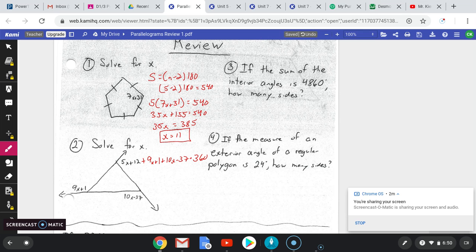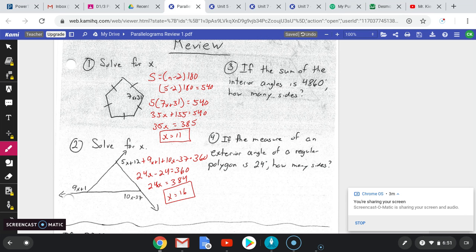Combining like terms, the x's give me 24x, and the non-x's, 12 plus 1 minus 37, give minus 24. So 24x minus 24 equals 360. Add 24 to both sides, I get 384. Then I divide each side by 24, and I get x equals 16. Again, that's all this figure wants, so I'm done.